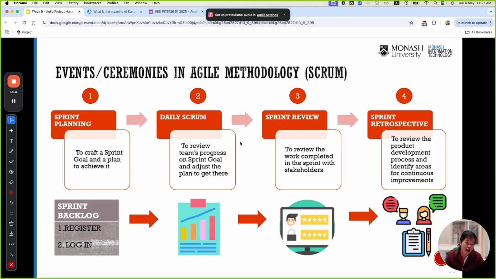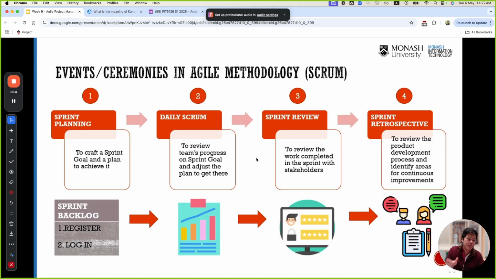Sprint planning, again, you want to craft a sprint goal and a plan to achieve it. You want to make sure that it is achievable. For example, we want to implement the register feature, the login. During the daily Scrum, you check the team progress, whether whatever the software engineers implemented is aligned with the goal.